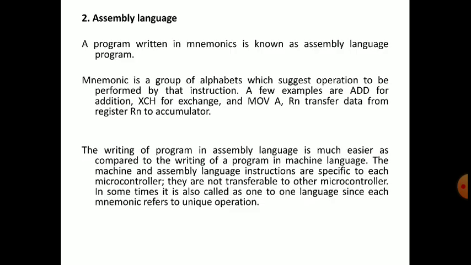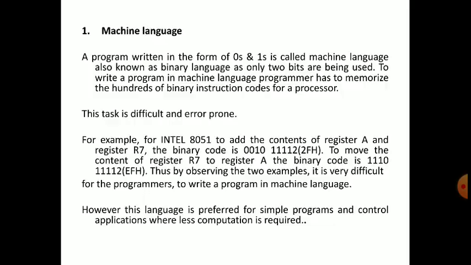And next is the assembly language. So till now we have seen the machine language, where zeros and ones are used. It is also called binary language because only 2 bits are used. We have to memorize hundreds of binary instructions if we want to write code.